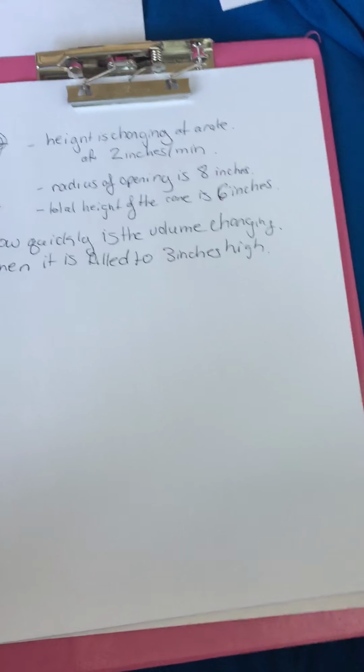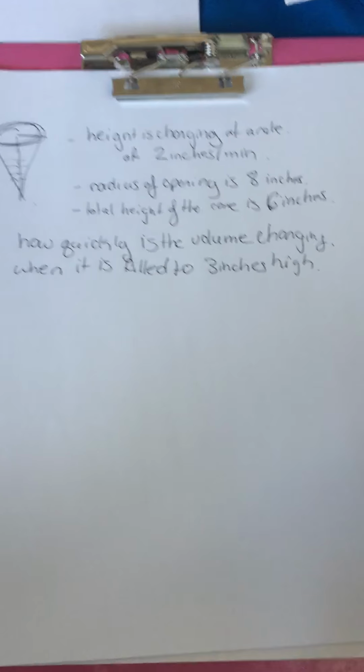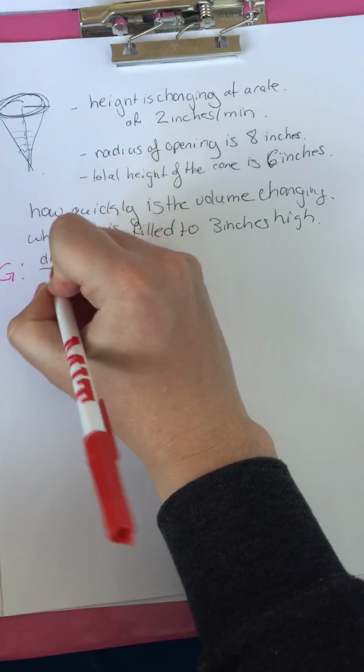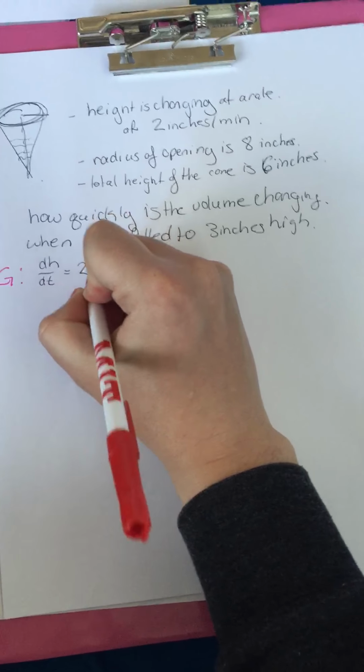So when it's 3 inches, how quickly are we filling the volume? Okay. So there's a couple of things. So first we're going to write down the given. So GURDS, given. So we have dH by dt is equal to 2.